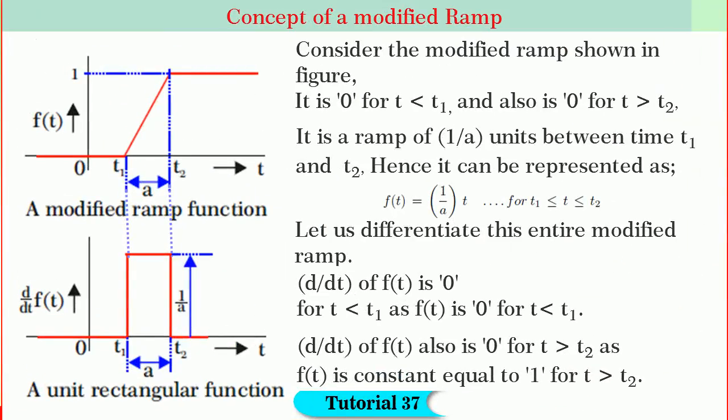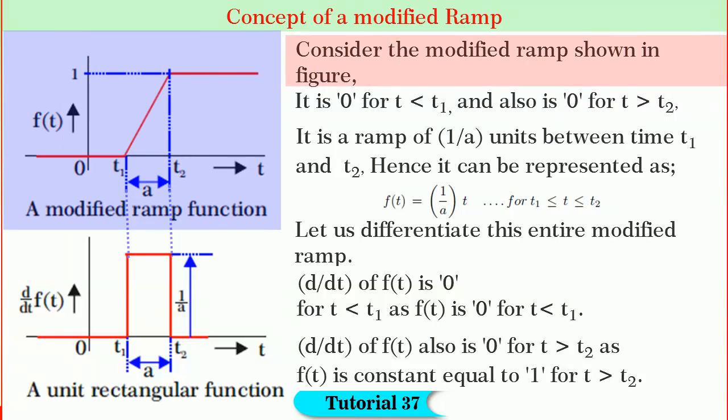Friends, next we shall go through the concept of a modified ramp. If you remember, we have already discussed this in the previous tutorial titled Unit Functions. Anyway, let me revise for your benefit here. Consider the modified ramp shown in figure.